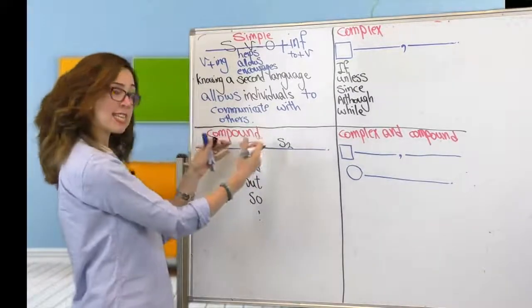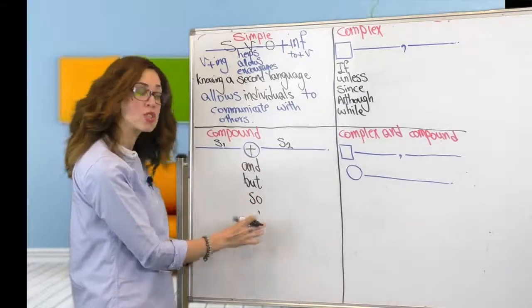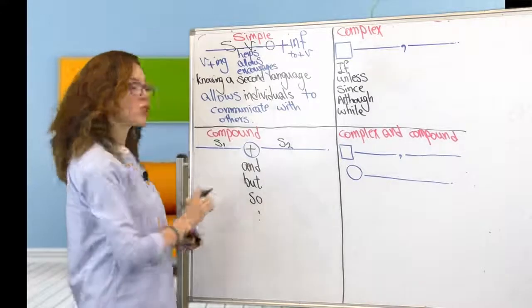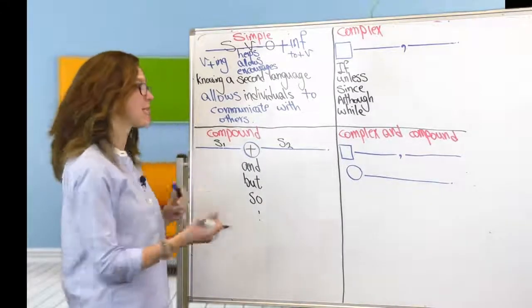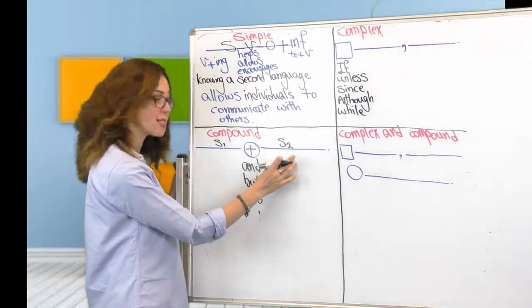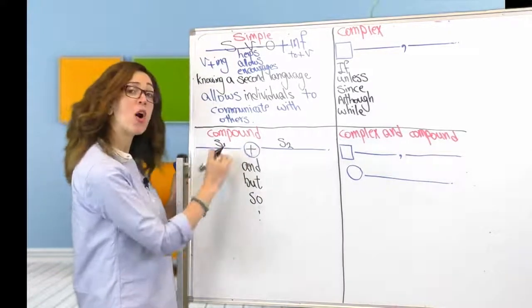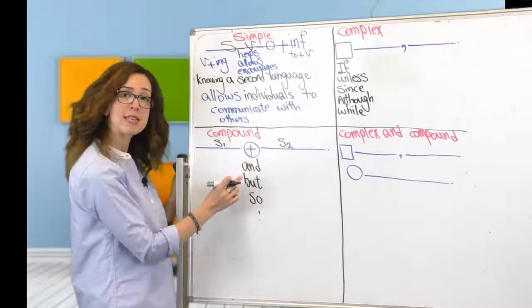In order to link these two sentences to each other, you need linking words or conjunctions, as you might know them. Choose your conjunctions according to your meaning. For instance, if the information you are adding in the second sentence is of the same nature, like both of them are advantages of something, you can use the word and.